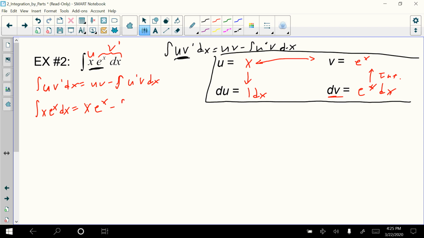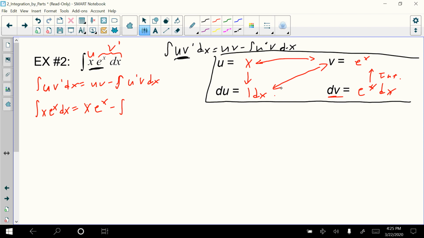minus the integral of the derivative of u. The derivative of u in this case is the dx, so the derivative of u and v are also going to get multiplied together. Okay, and the easiest way to write that, 1 dx times e to the x, it would be easier to reverse that.